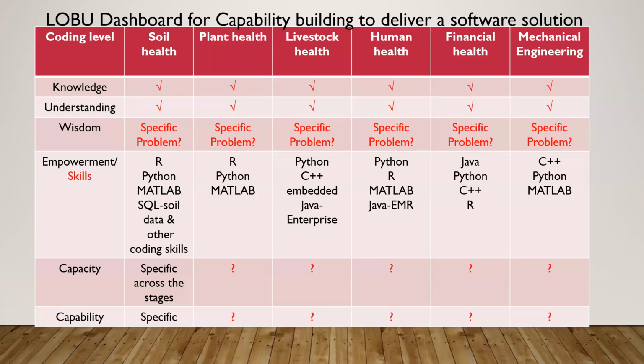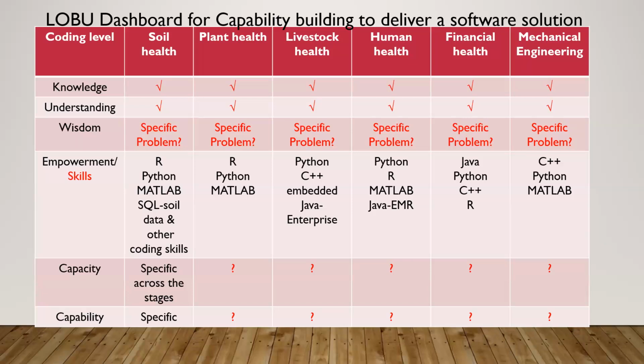In soil health, R applies a lot, Python and MATLAB. And because of the data, so many soils data, SQL is also used, but also other coding skills are used.